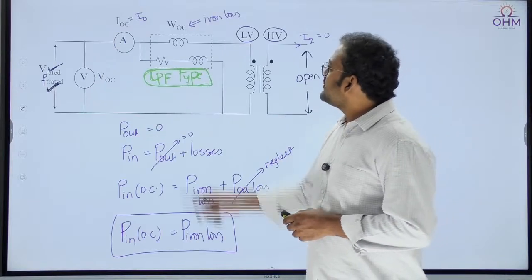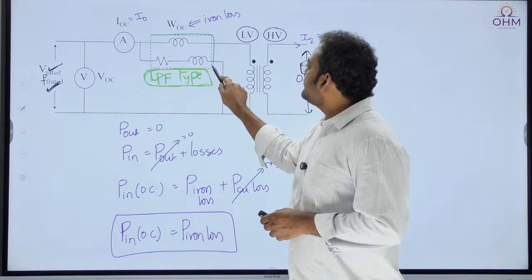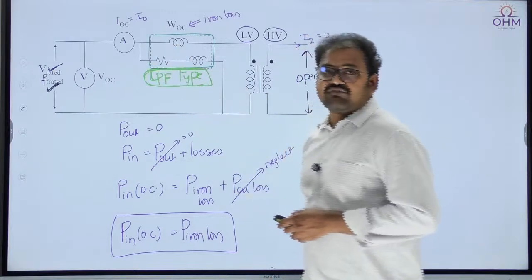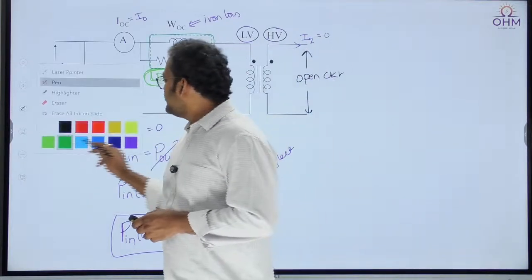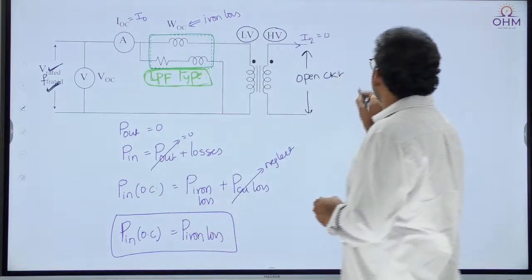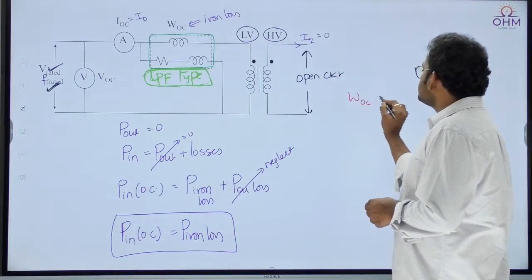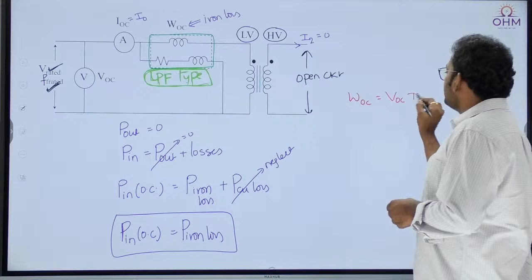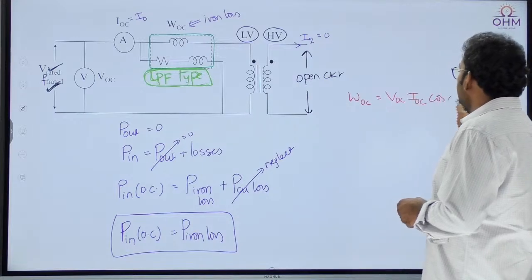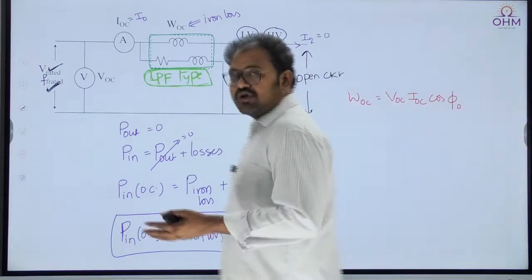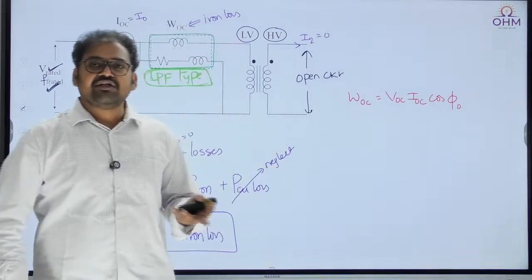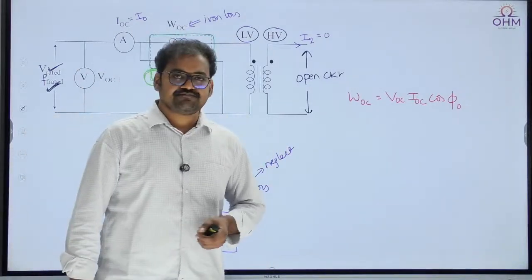I can find out that power factor using the wattmeter value. Because the wattmeter will measure active power or reactive power? Active power. So we can write WOC is equal to VOC into IOC into cos phi naught, because the wattmeter measures active power, which is simply VI cos phi.